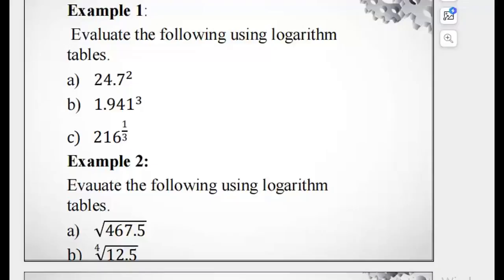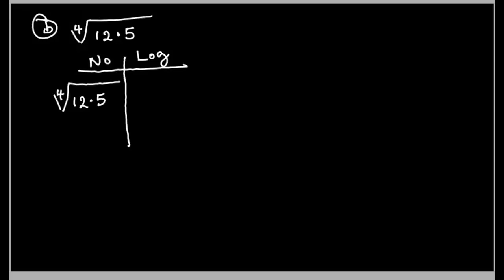For the next question, we have the 4th root of 12.5. So how do we solve this here? Now 12.5 is a decimal number, and we check the whole number. It has just 2 digits, that is 1 and 2.